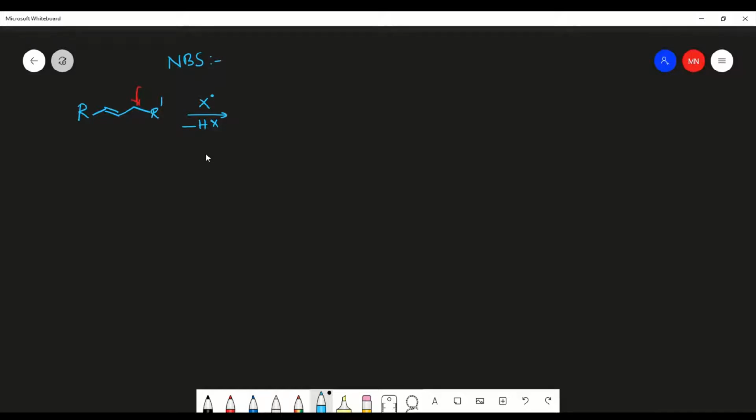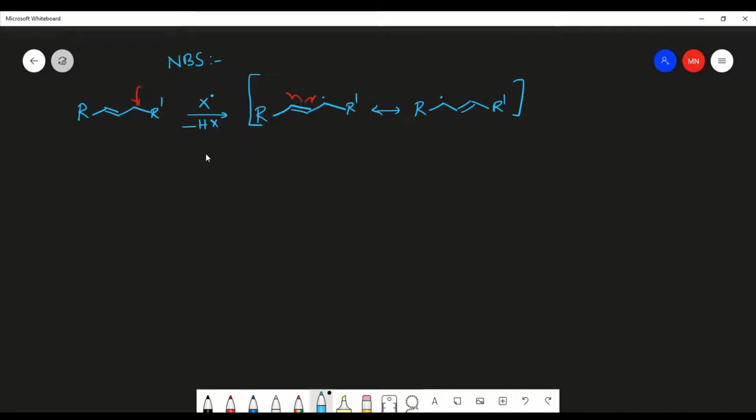Here you will generate a radical, and this radical can rearrange like this, by homolysis. So you may get a radical over here also, on this side, depending upon the stability. These two are possible.